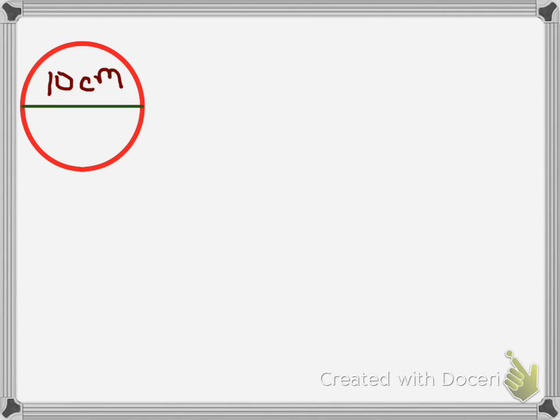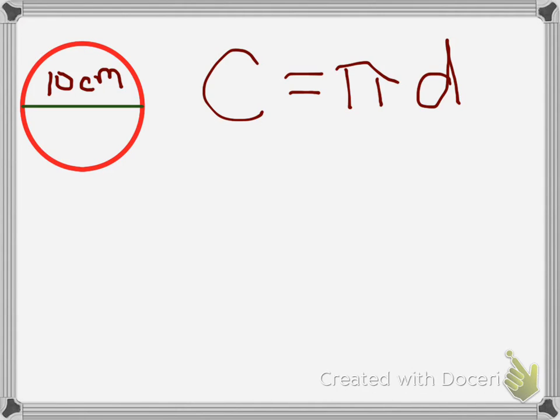Okay, here we have our first circle. It has a diameter of 10. So we are going to use the formula circumference equals pi times diameter. Now we need to substitute the variables. 3.14 is the value of pi, and we are multiplying that by the diameter, which is 10.